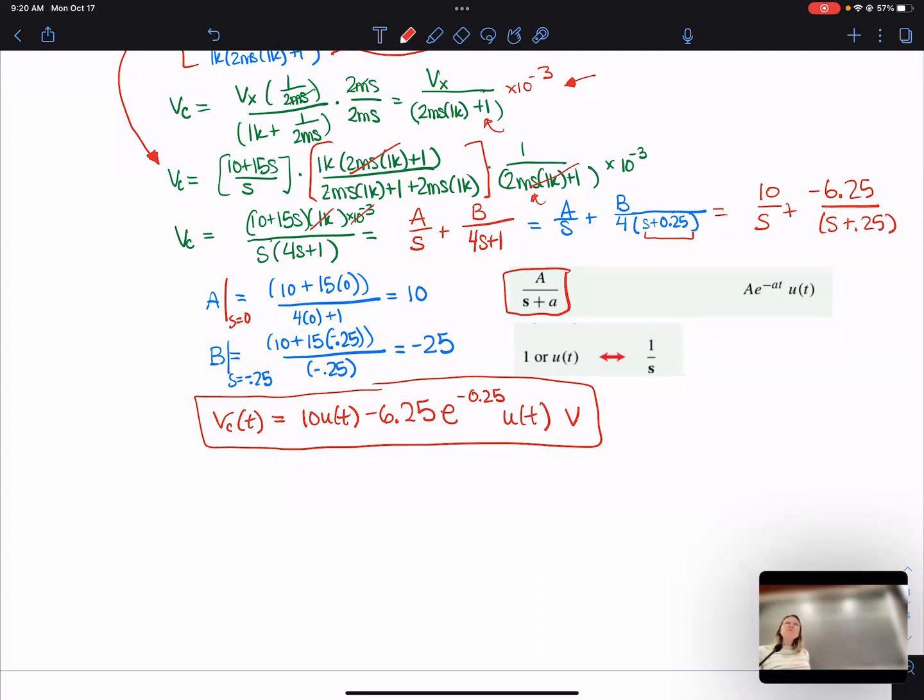And then I can match it to the table and convert it, so that becomes 10 u of t minus 6.25 e to the minus 0.25t u of t. All right, questions about any of those steps?